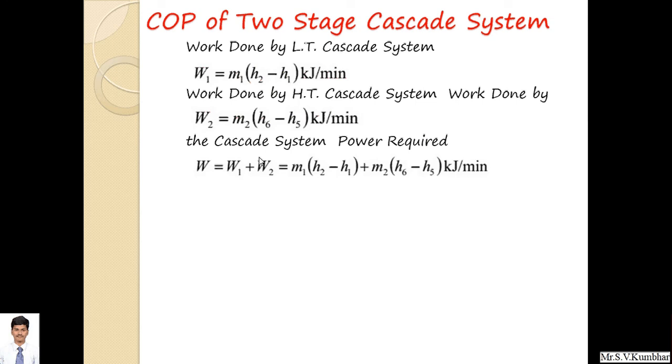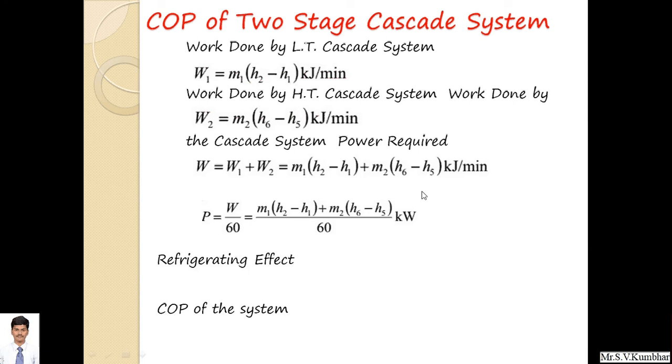So the cascade system work required is given as W is equal to W1 plus W2, that is M1 into H2 minus H1 plus M2 into H6 minus H5 kilojoule per minute. So power P is equal to W upon 60. Dividing this equation entirely by 60, we get the power required to run the cascade system.